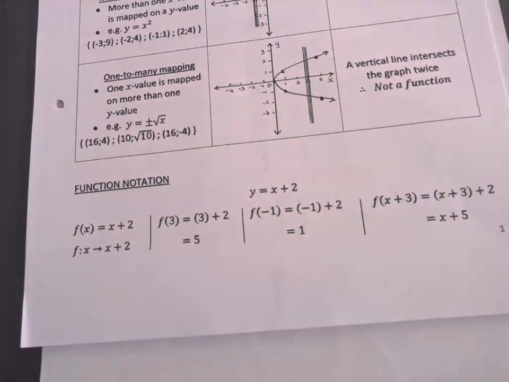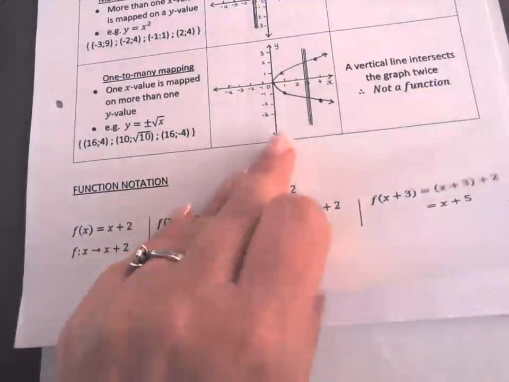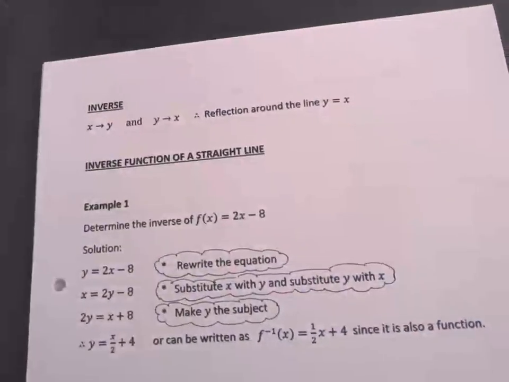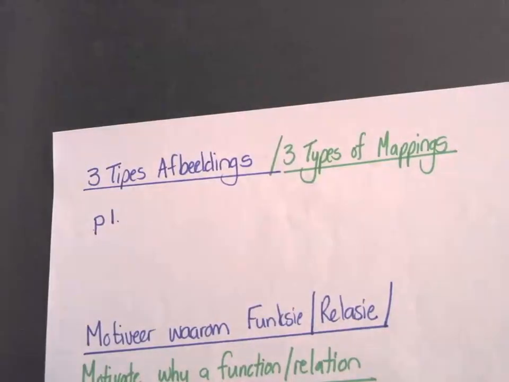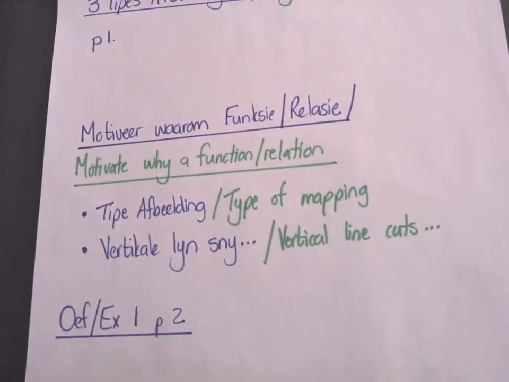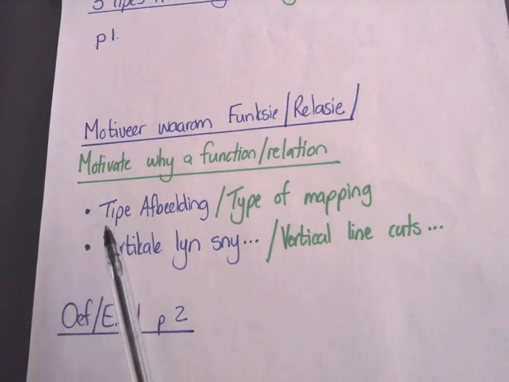Okay. Let's look at page 2. Before I get to page 2, when you have to motivate why this is a function or why this is not a function, you have to give two reasons.